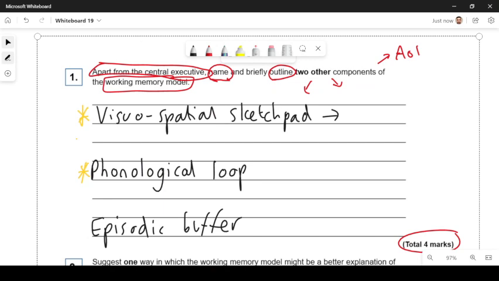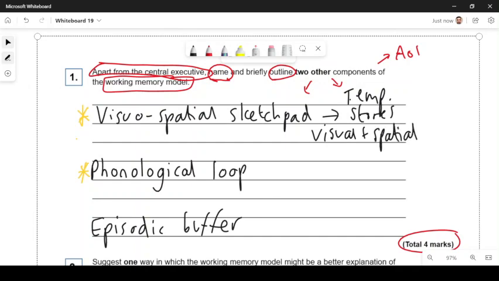So how do you get the other marks? Well, you need to outline those things. So if you haven't done already and you've waited for the answers there, do pause the video and attempt to describe those to the best of your ability. So there's a range of things that you could say here. So visuospatial sketchpad, you could be talking about how it temporarily stores visual and spatial information.